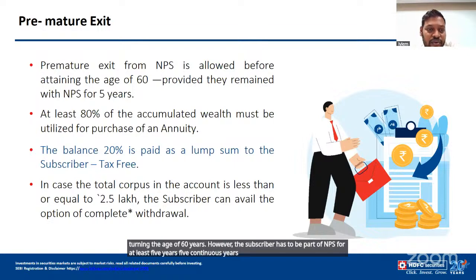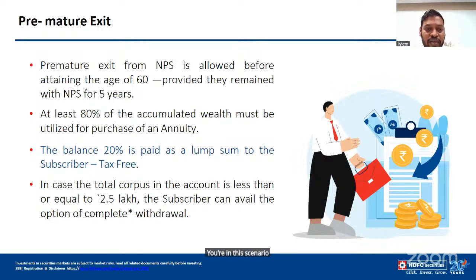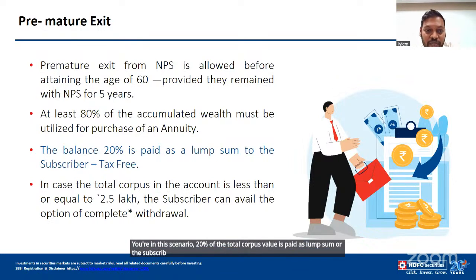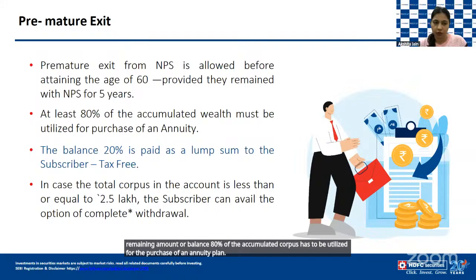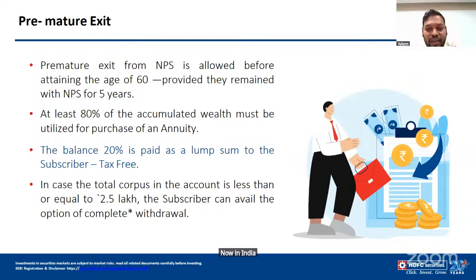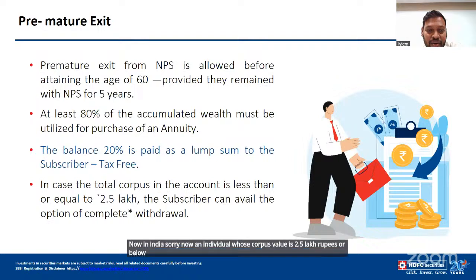Here in this scenario, 20% of the total corpus value is paid as a lump sum, or the subscriber can withdraw it as a lump sum, which will be tax free. And the remaining balance of 80% of the accumulated corpus has to be utilized for the purchase of an annuity plan. Now, an individual whose corpus value is 2.5 lakh rupees or below can withdraw the entire corpus.